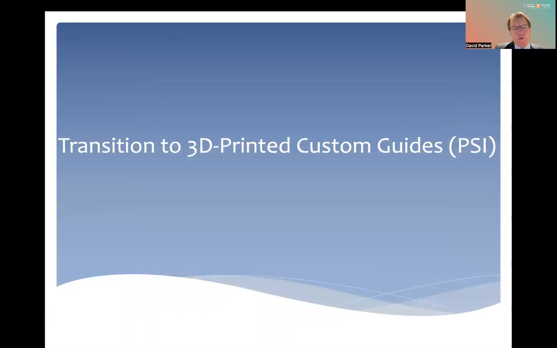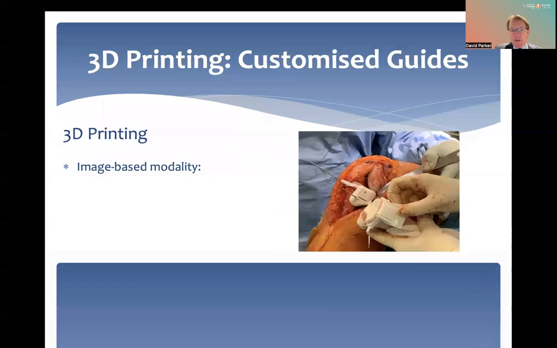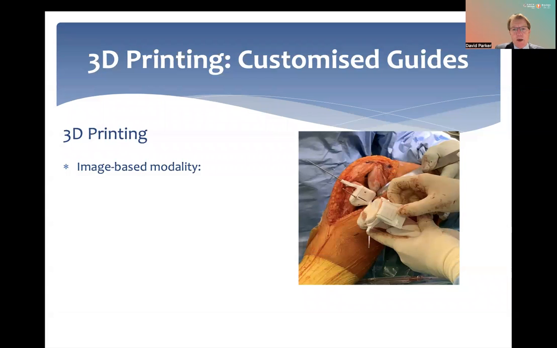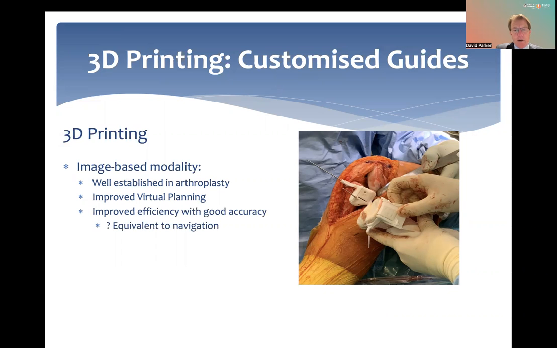But in more recent times, we've transitioned to 3D printed custom guides or patient-specific instrumentation. And the reason we've started to do this is we think that being an image-based modality that's well established in arthroplasty, it allows us better options for improved virtual planning and presumably better efficiency with good accuracy.